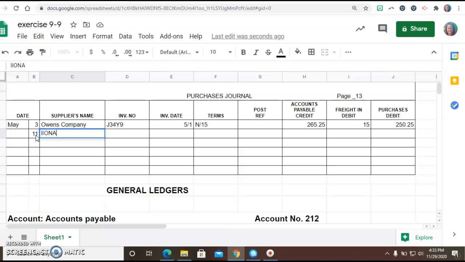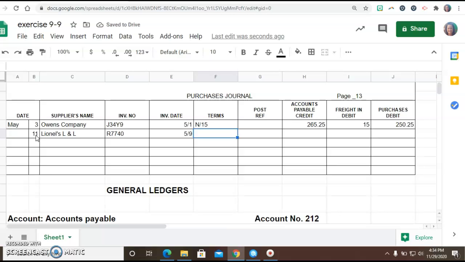We have Lionel's Lawn. I'm just going to say L&L because I don't have a lot of room. Lionel's Lawn and Landscaping, invoice R7740. Our invoice was dated May 9th. Again, that's important because here we have some terms.